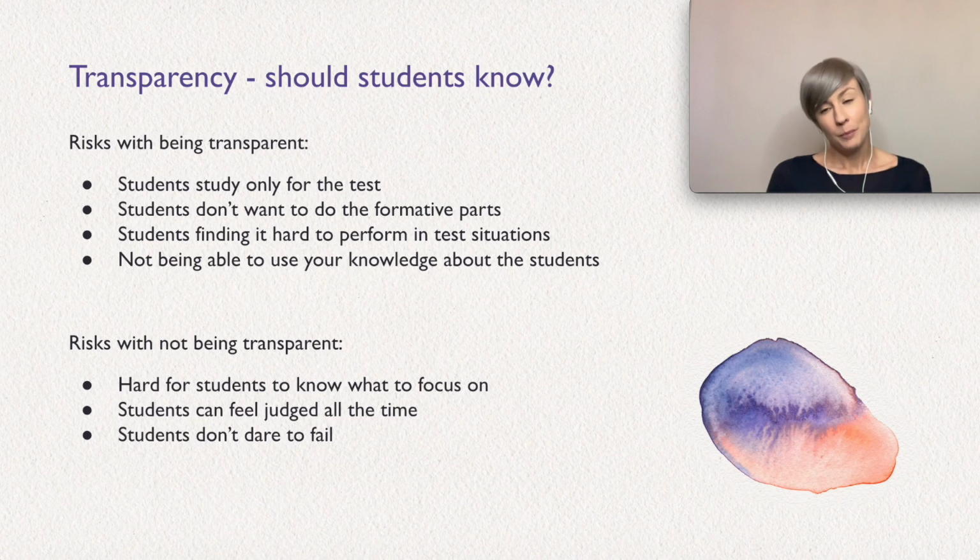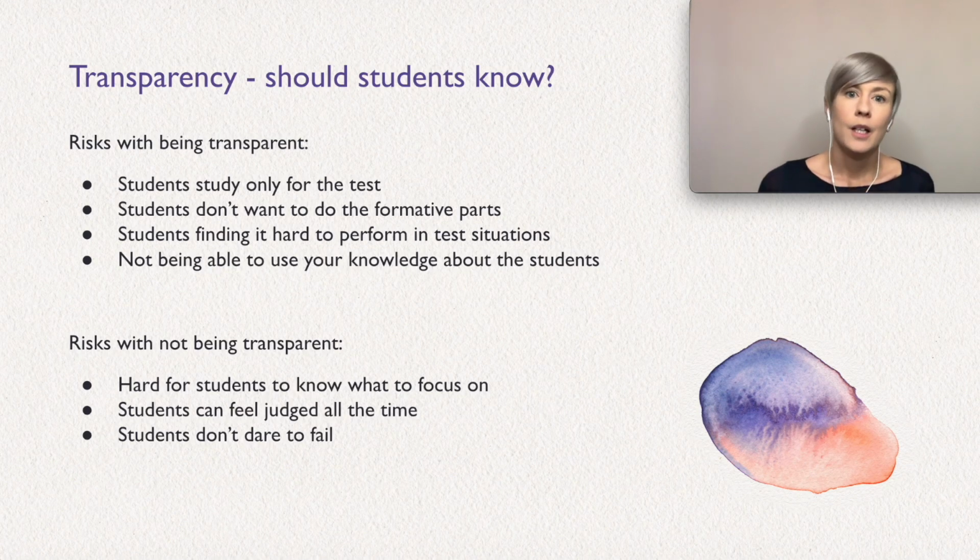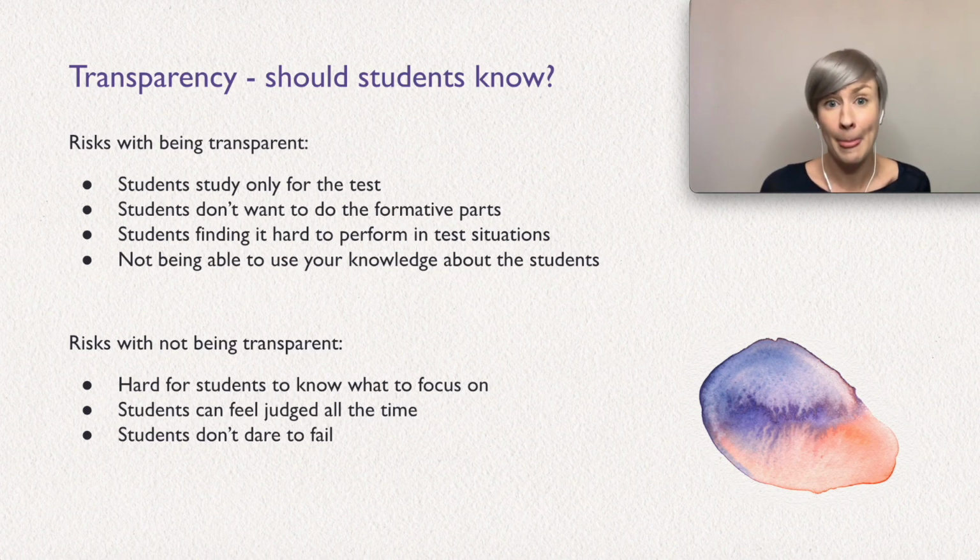So let's talk a bit about transparency. Should the students actually know? Should the students know exactly what tasks they are being graded on? This might seem like an easy question, but it's actually harder than one might think.